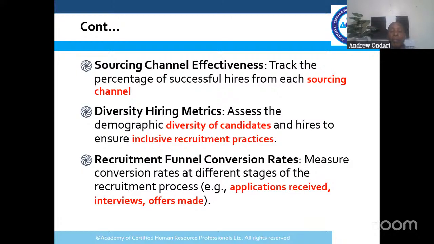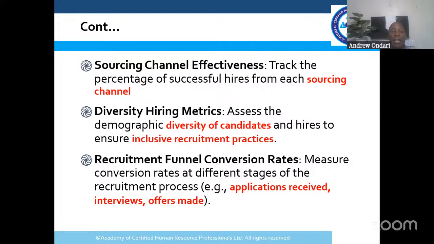So when you are auditing, you look at which of those channels enable you to get not only the numbers, but the quality of applicants. So you audit the numbers that were attracted through the various channels and the quality of the applications.